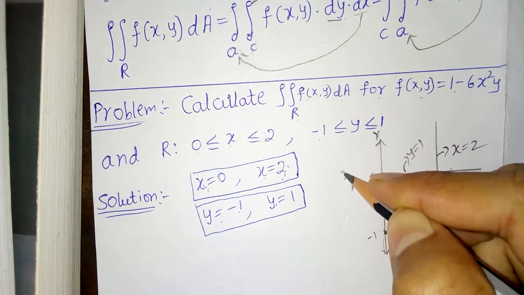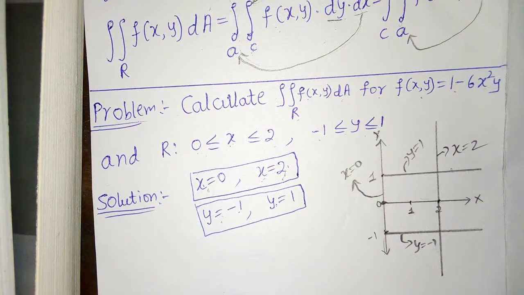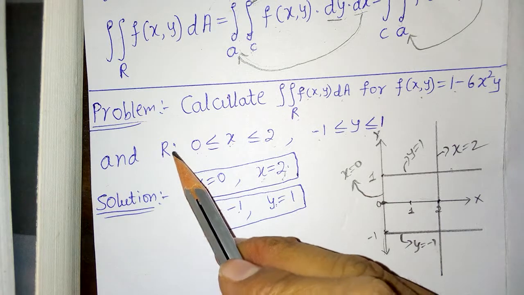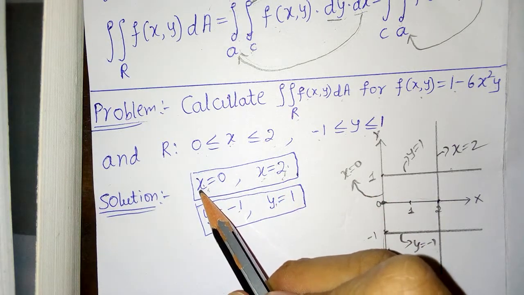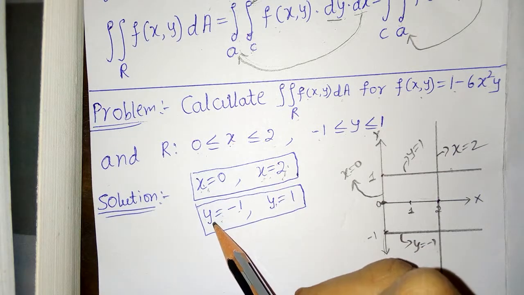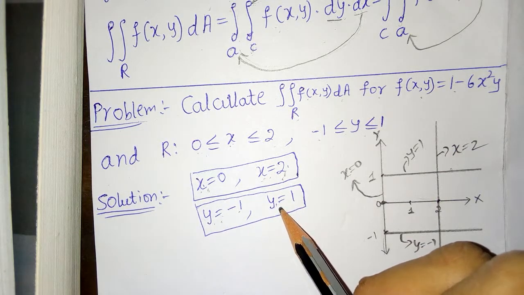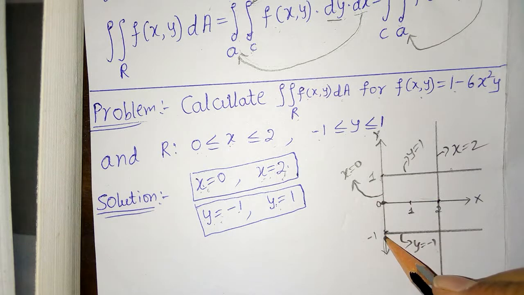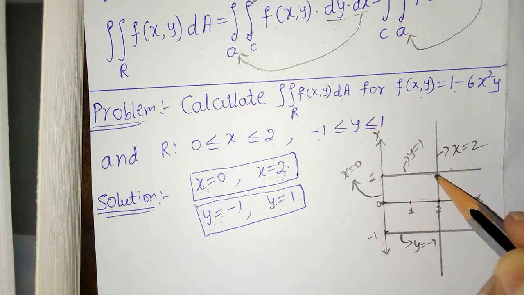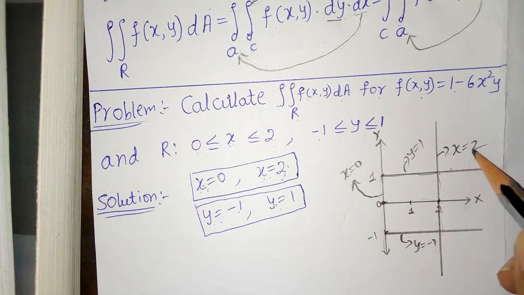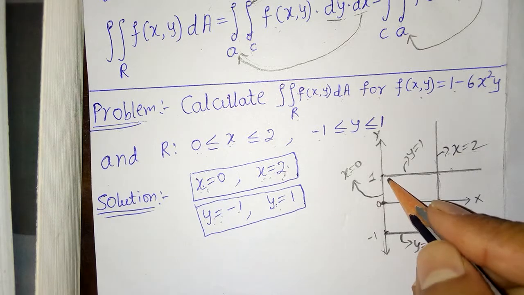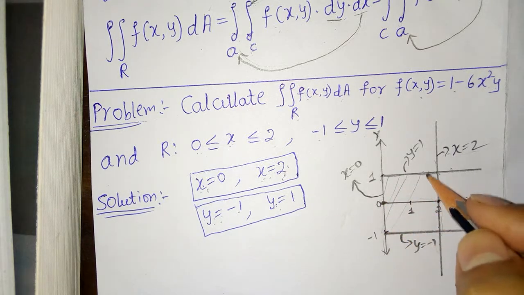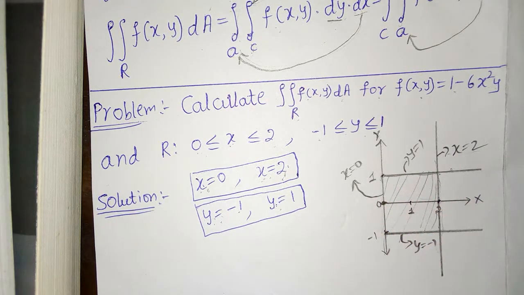Now the region is bounded by the equations x is equal to 0, x is equal to 2, y is equal to minus 1, y is equal to plus 1. This is x is equal to 0, this is y is equal to 1, this line represents x is equal to 2, and this line represents y is equal to minus 1. So this region is the required region.